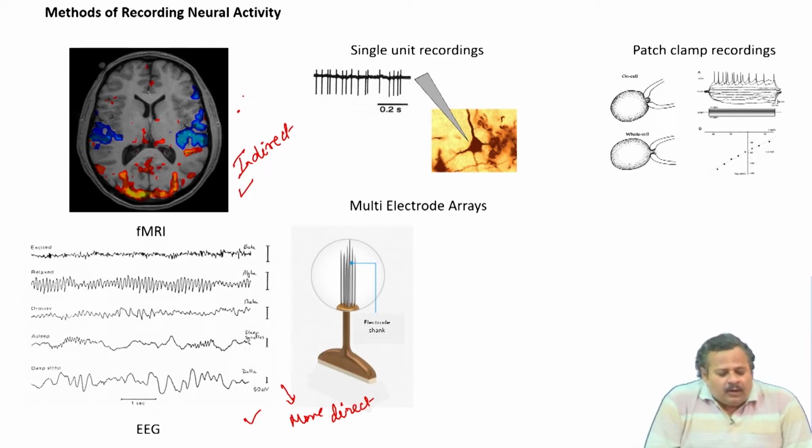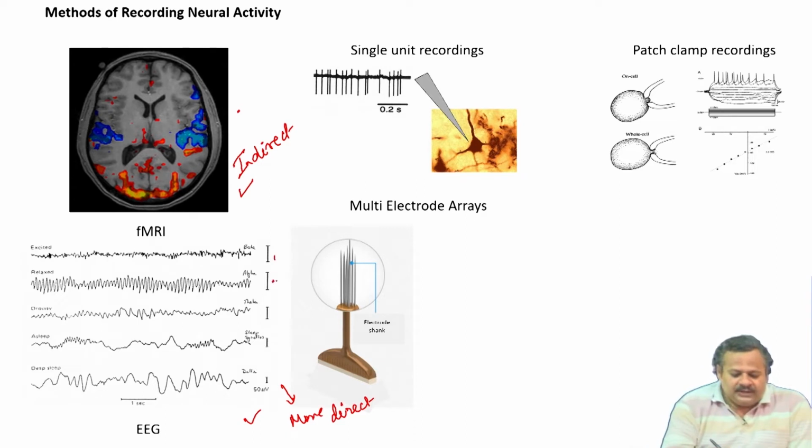So if we go ahead further, and use electrodes to get a more direct measure, we can have scalp electrodes, which allow us to record electrical activity directly from underneath the scalp. Over here are different frequency bands of analysis that have been done on EEG signals.